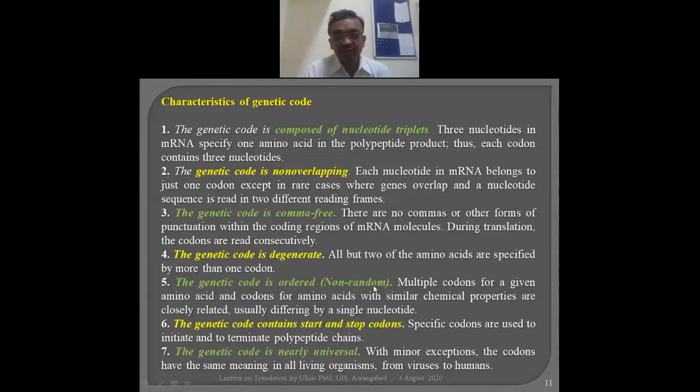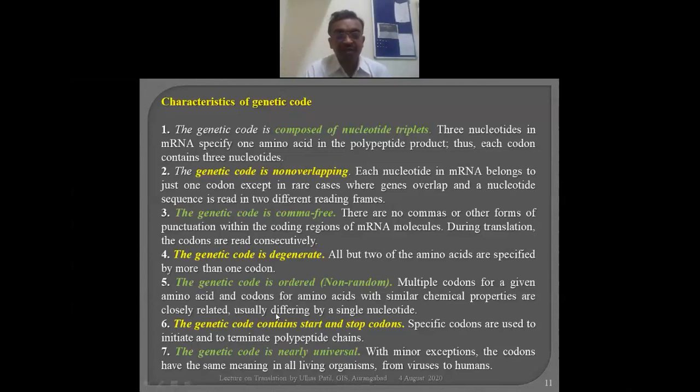Why is it so referred? Because there are multiple codons for a given amino acid, and codons for amino acids with similar chemical properties are closely related. Whenever you compare, there is a particular relation between codons and the chemical properties of an amino acid. Therefore, this has a particular evolutionary significance. That point should also be clear to you.